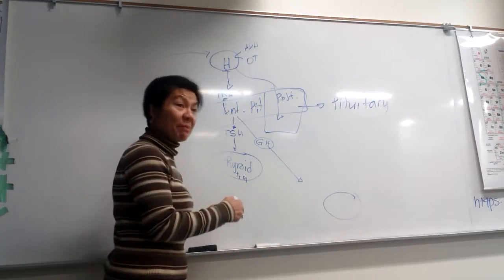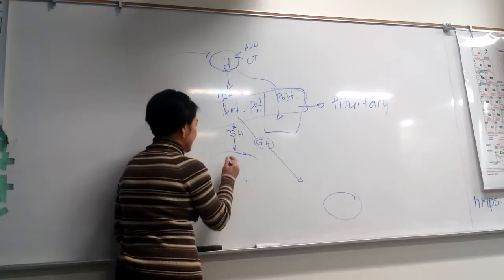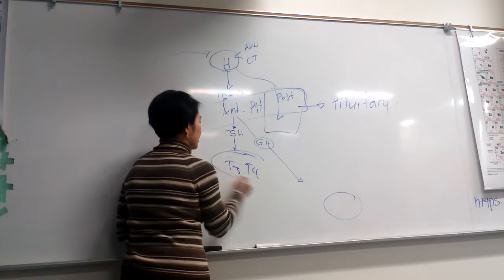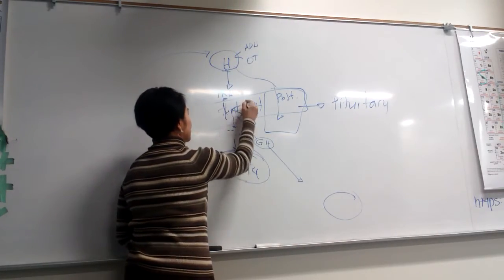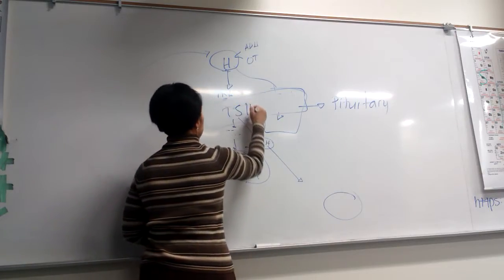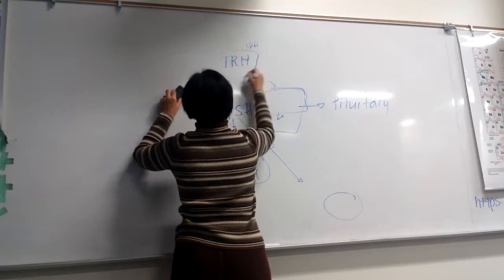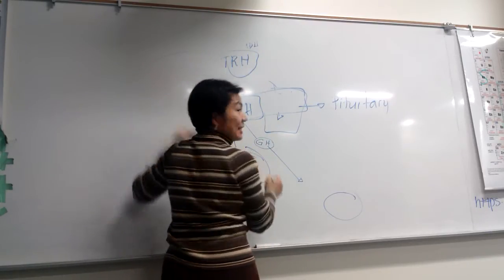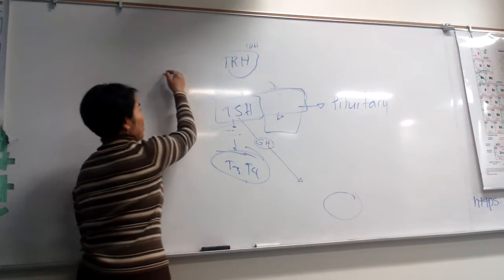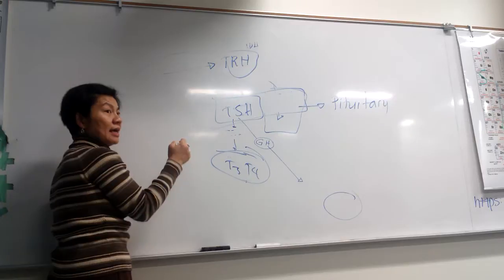I remember in my lecture test, what I had was T3, T4, and then TSH, and then TRH. In the past, I would ask, what is this? What hormone is secreting that one?